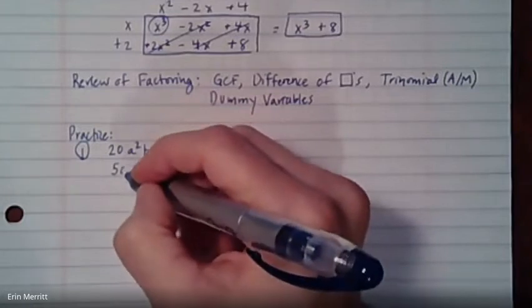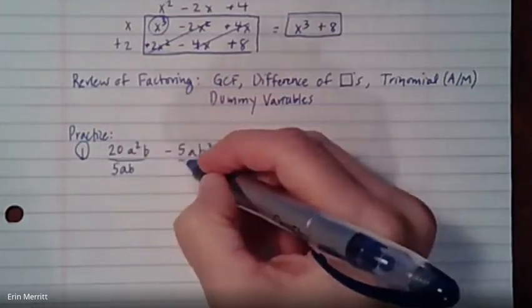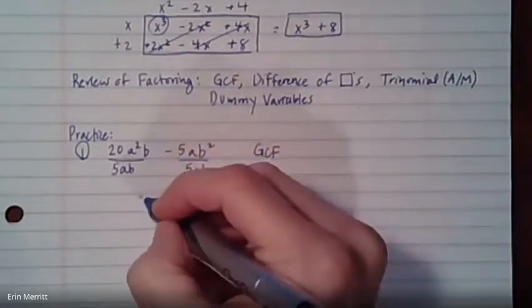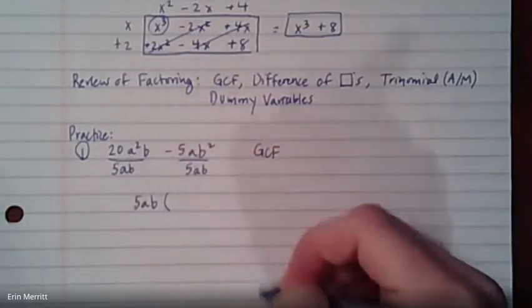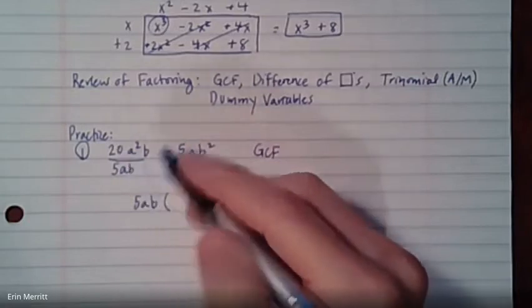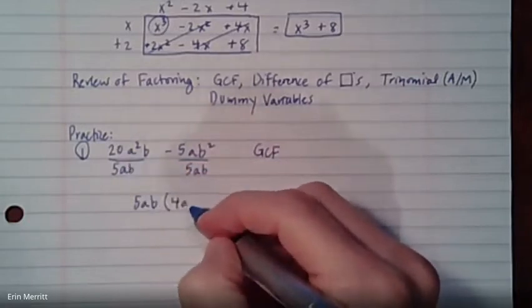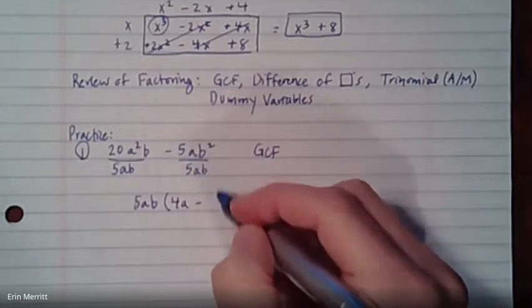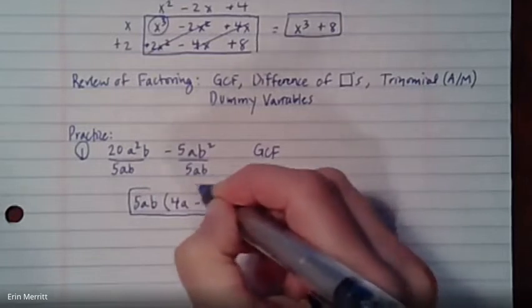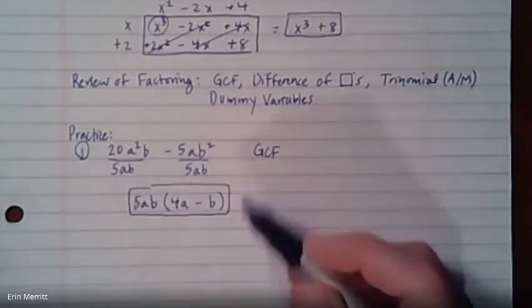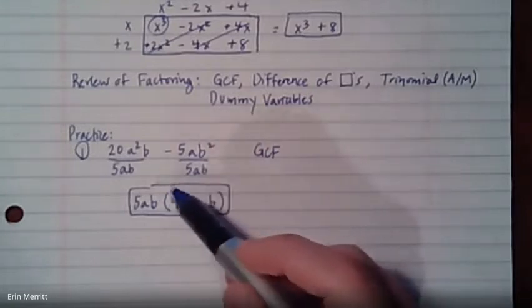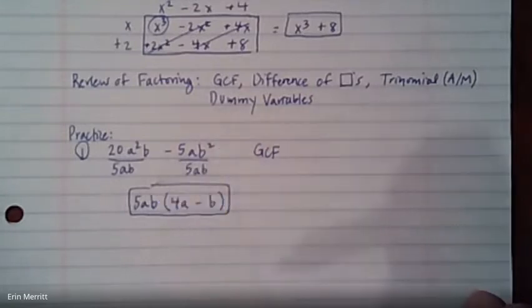So you can always treat it as if you're dividing by that GCF, right? But when we go to show the answer, the GCF comes in front, and then we are left with whatever the quotient is from each little piece. So this would then be 4a. The 5s would cancel, a's would cancel, just a single b there. Remember, when you're factoring, the idea is that if you were to multiply this back out, you would get right back to where you started. So if I redistributed this, I would come right back to the original.